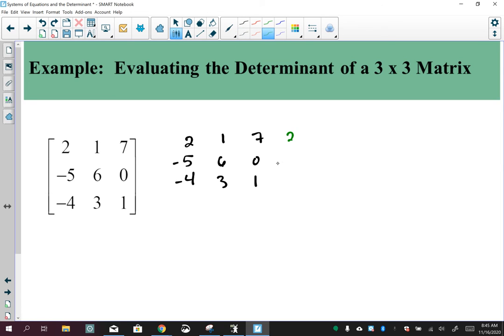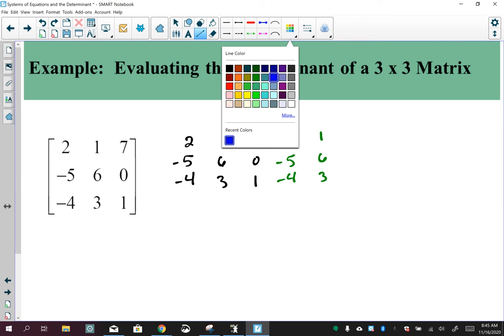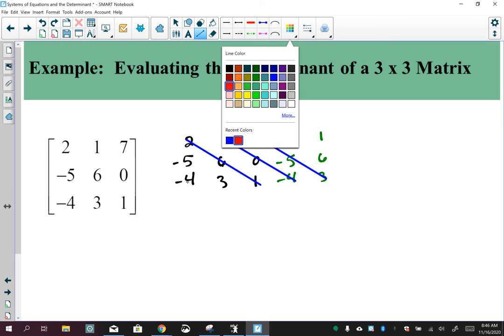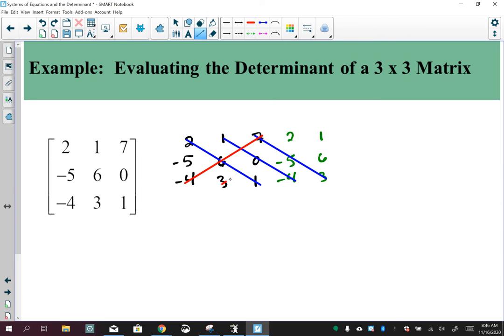So 2, -5, -4, 1, 6, 3. All right. So now I'm going to draw my lines. I'm going in this format this way. And then I'm going to draw my lines going this way. So just like that.